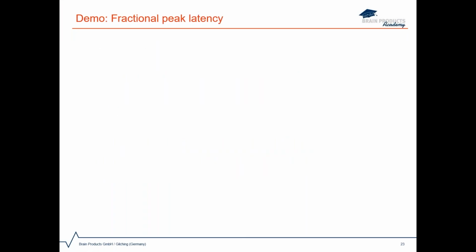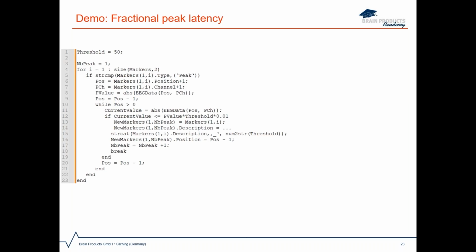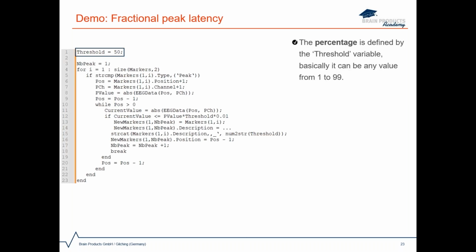Okay, now let's take a look at the codes in the M file. The percentage is defined by the threshold variable. Basically, it can be any value from 1 to 99. I specify it as 50%. So what should be done to mark the fractional peak?